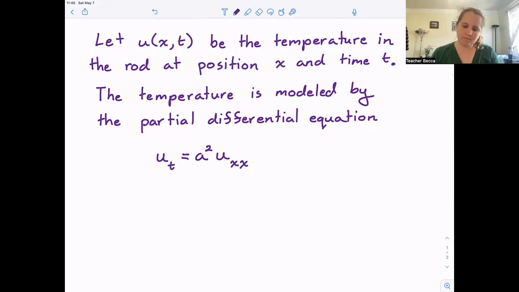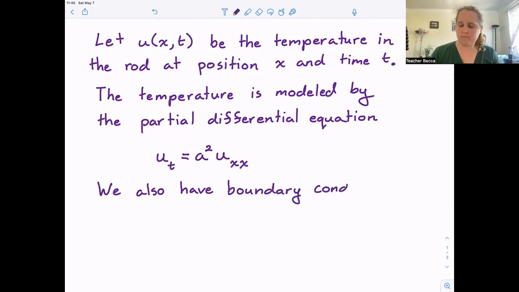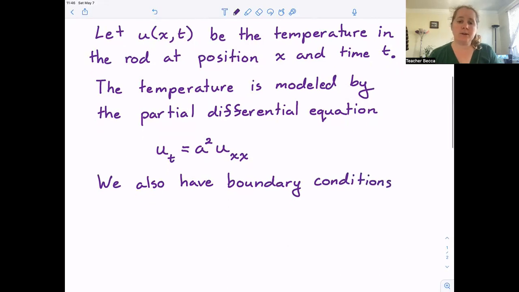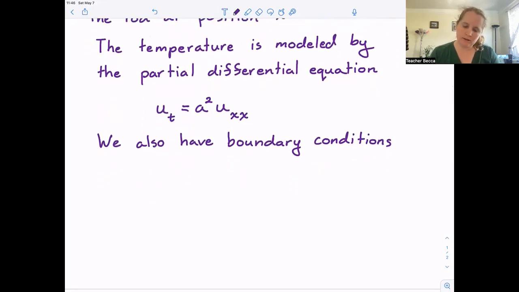Furthermore, we also have boundary conditions. So our two ends being held at 0 degrees, we have that u of 0, t is equal to 0.